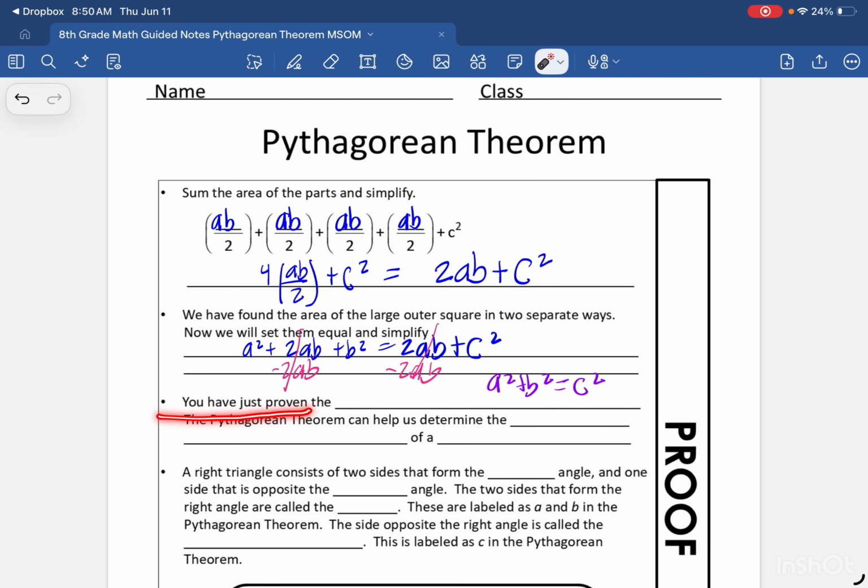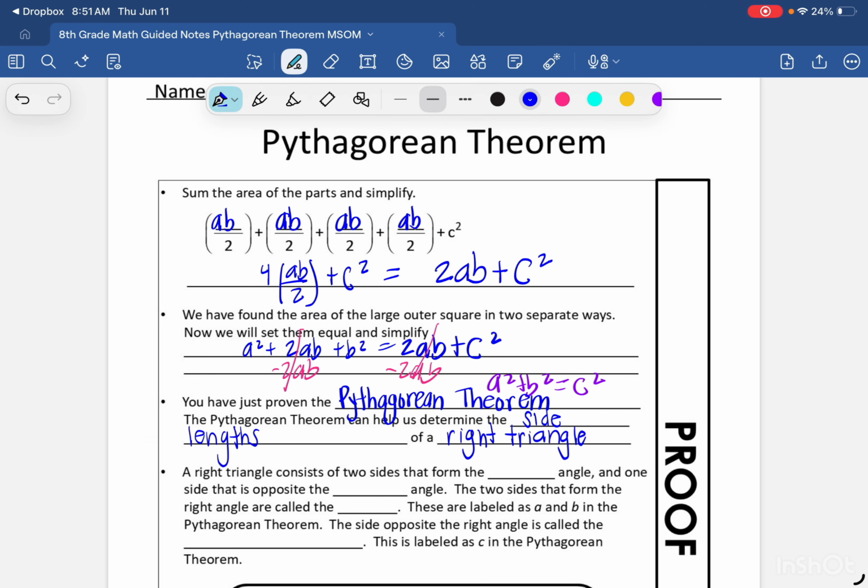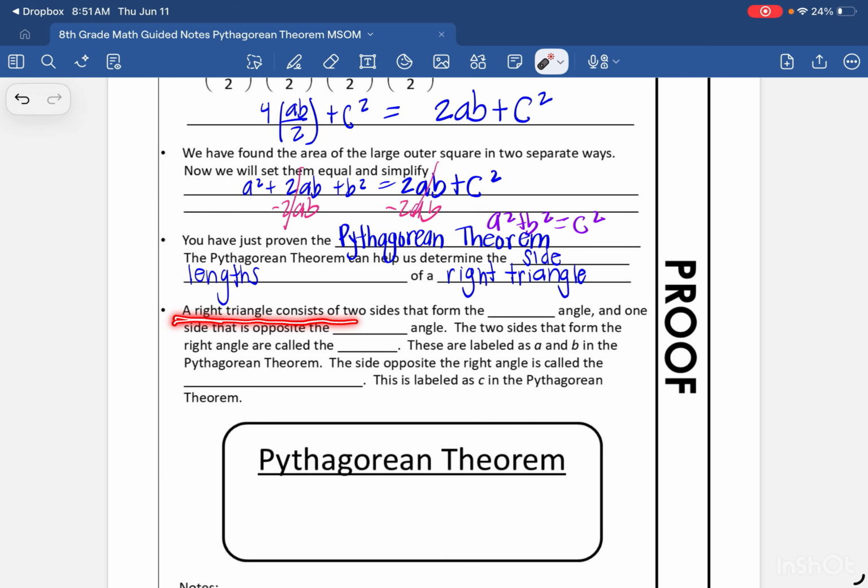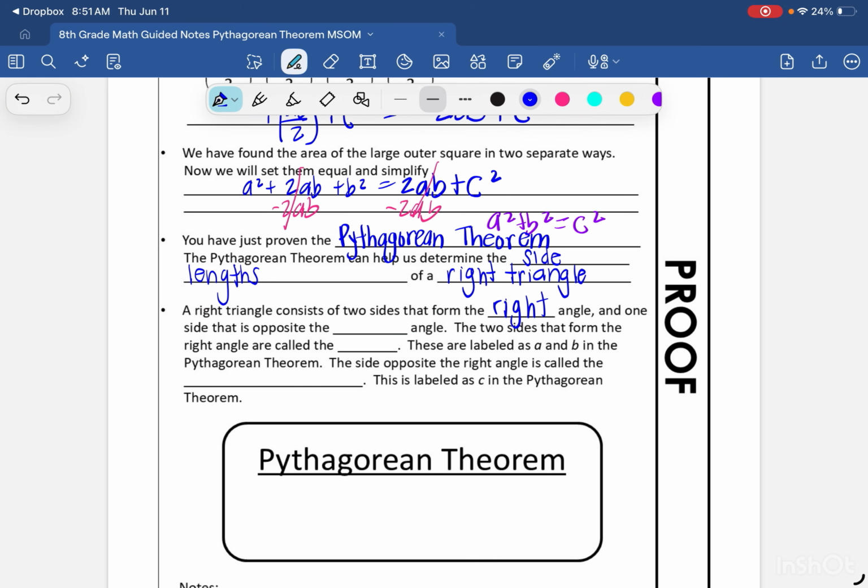You have just proven what is called the Pythagorean Theorem. The Pythagorean Theorem can help us determine the side lengths of a right triangle. A right triangle consists of 2 sides that form the right angle, and one side that is opposite the right angle.